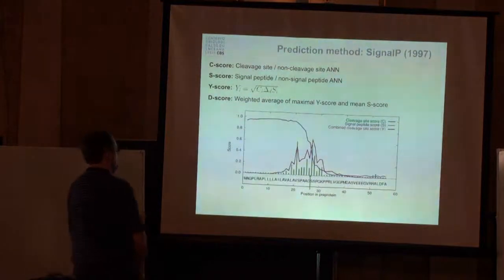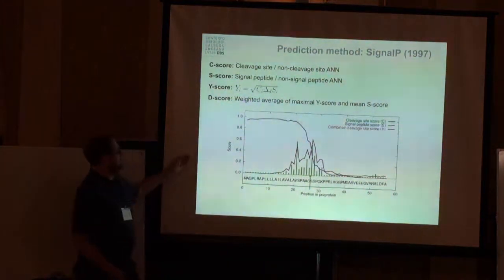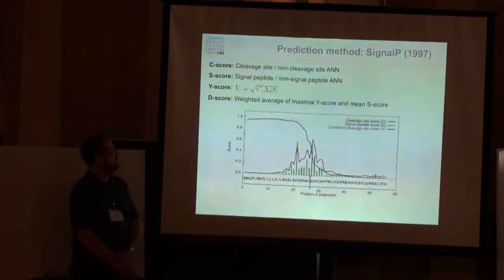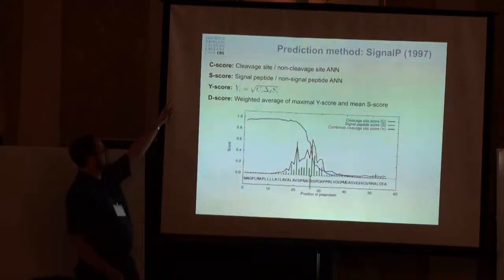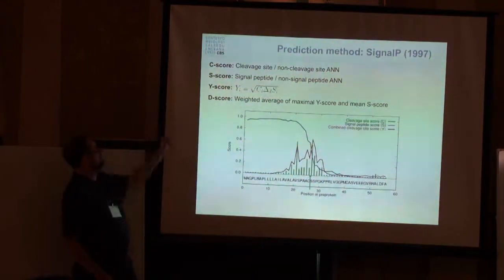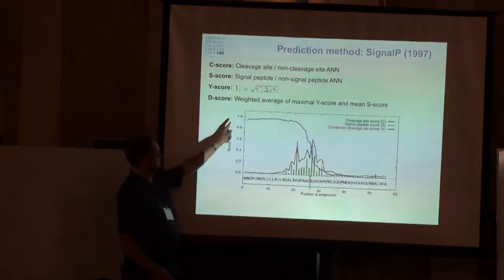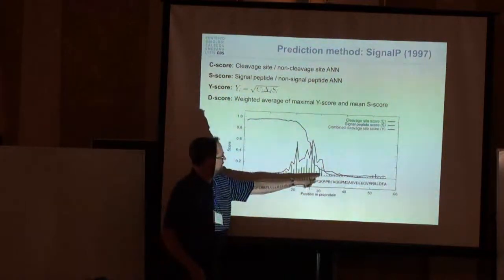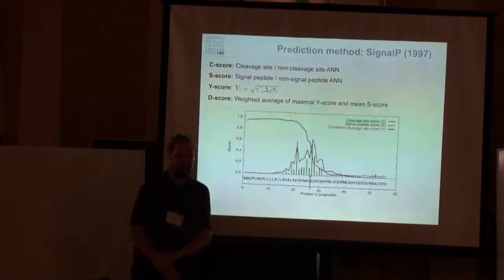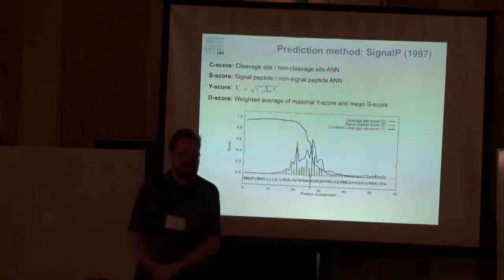One example of a neural network method predicting the secretory signal peptides is SignalP. It's composed of two different types of neural networks, one recognizing cleavage sites and another recognizing positions within the signal peptide, and they have then a combined score.